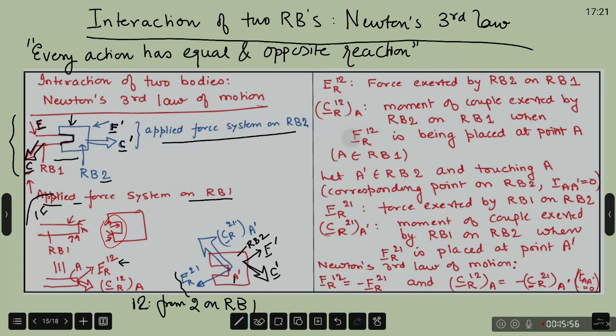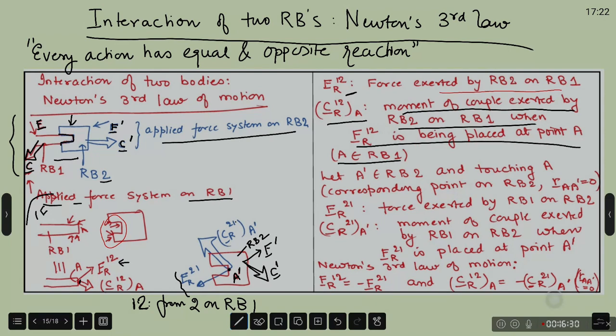Let's go over this once again. Fr12 is the force exerted by RB2 on RB1, and Cr12 at A is the moment of couple exerted by RB2 on RB1, where Fr12 is placed at point A, which is part of RB1. A prime is part of RB2 and touches A, the corresponding point on RB2. A and A prime are points belonging to RB1 and RB2 and touching each other.